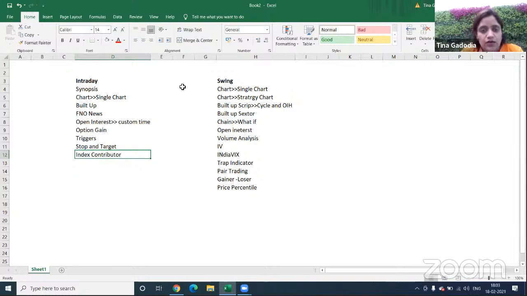Now the swing could be for 2-3 days or maybe a week's time, depending on how you played. If you're playing through a single leg option, then it could be 2-3 days. If you're playing through a strategy, it could be for 5-6 days. So these are the products which help us refine, doing a top-down approach.